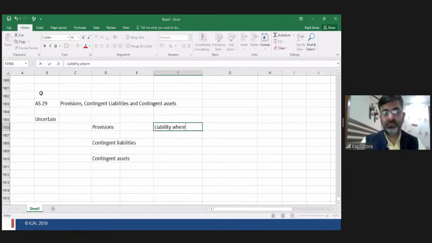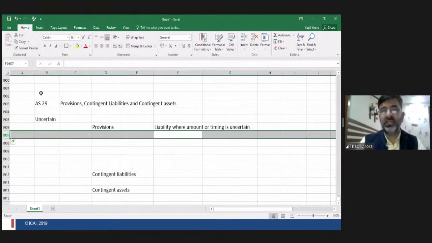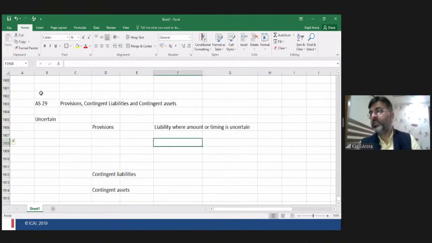where amount or timing is uncertain. So those liabilities where the timing or the amount is uncertain.